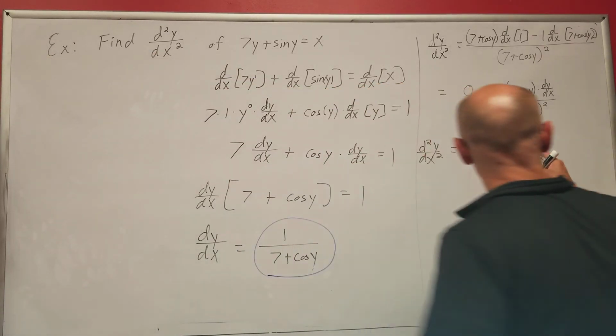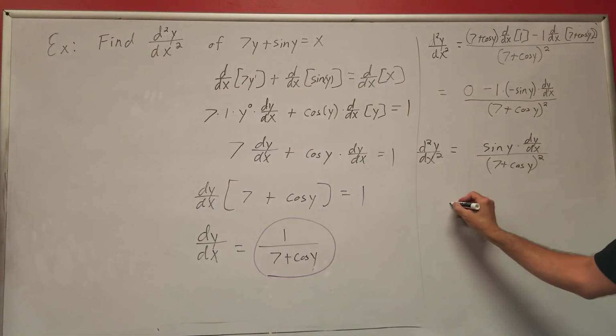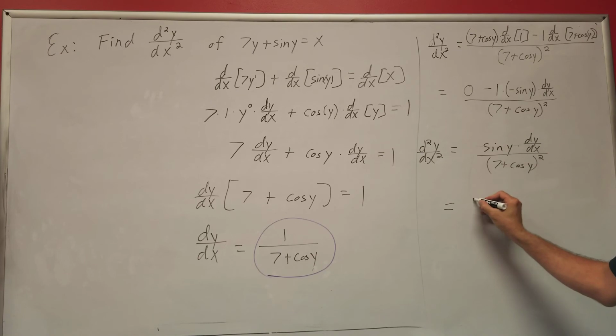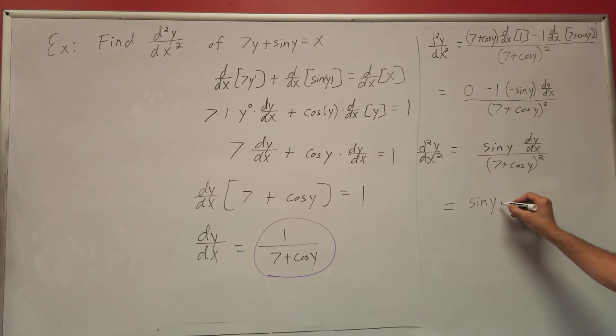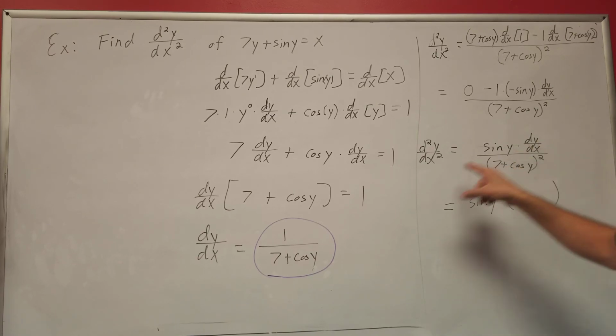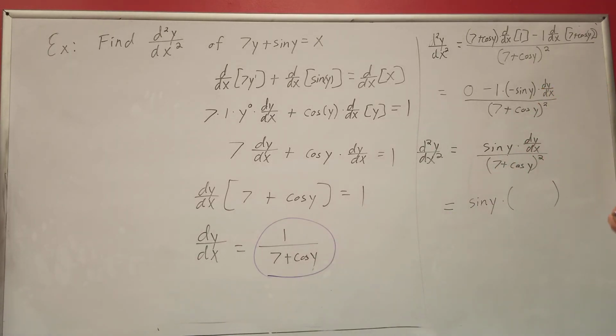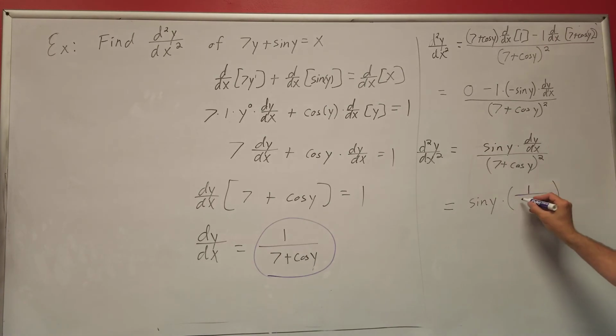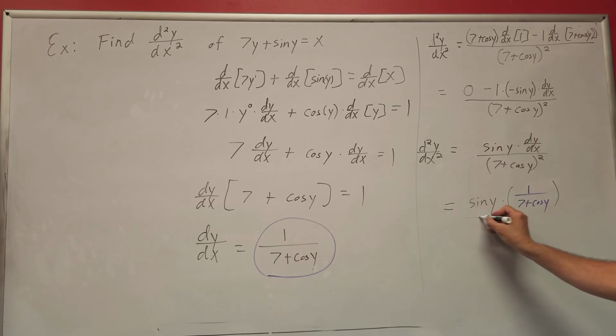So I'm going to make a substitution right here. This gives us the sine of y times, instead of dy over dx, what am I going to put in its place? 1 over 7 plus cosine of y. It's all in the numerator.